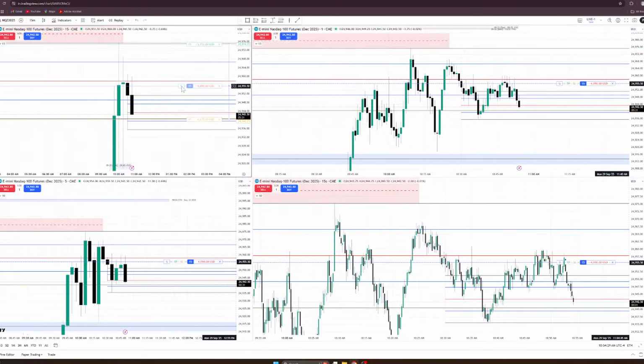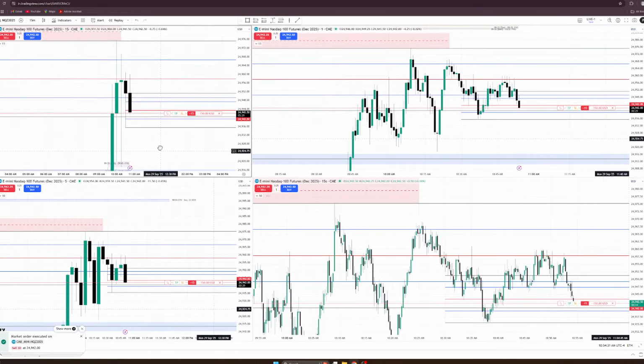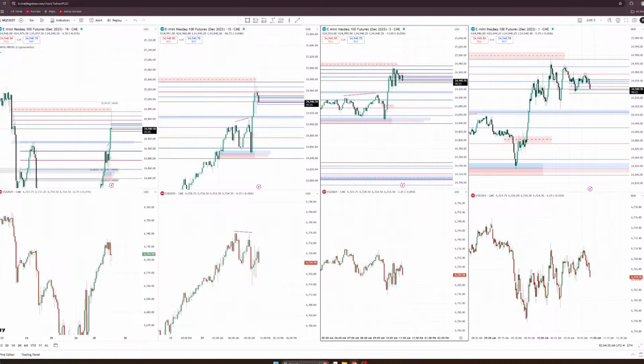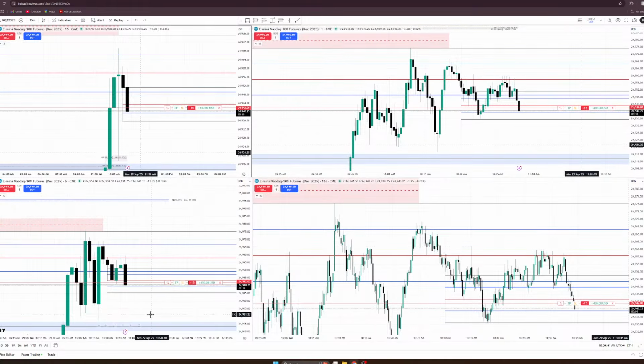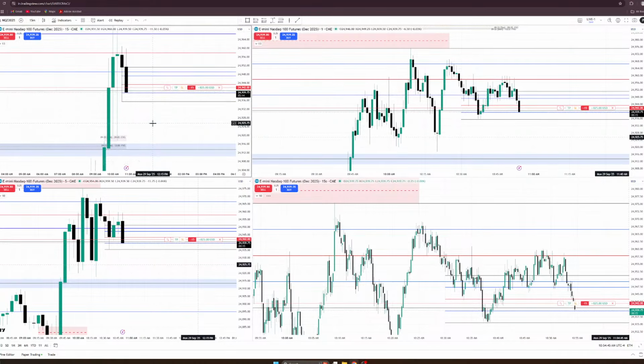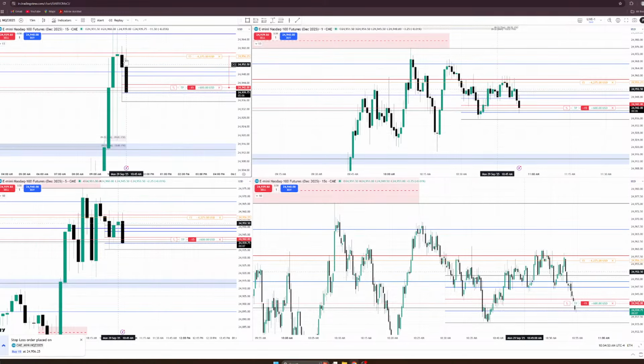Reverse my trade now. Putting my stop loss above 50% of this wick.